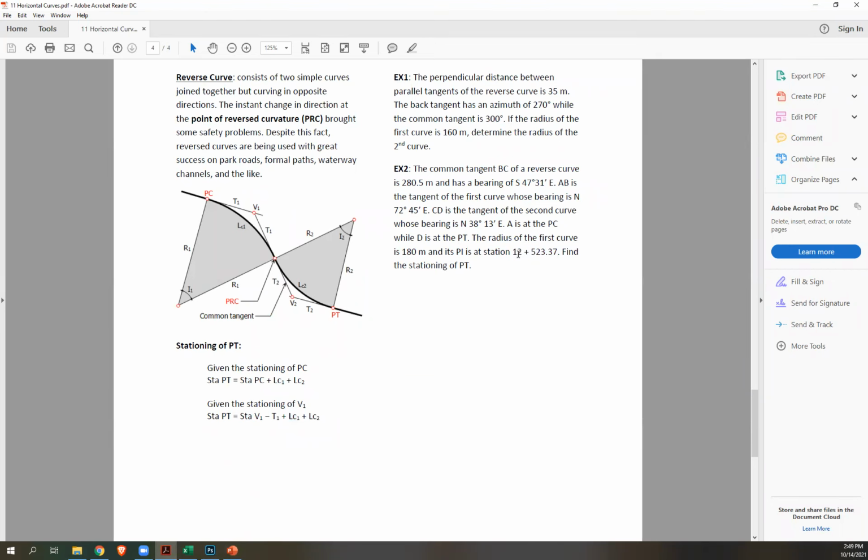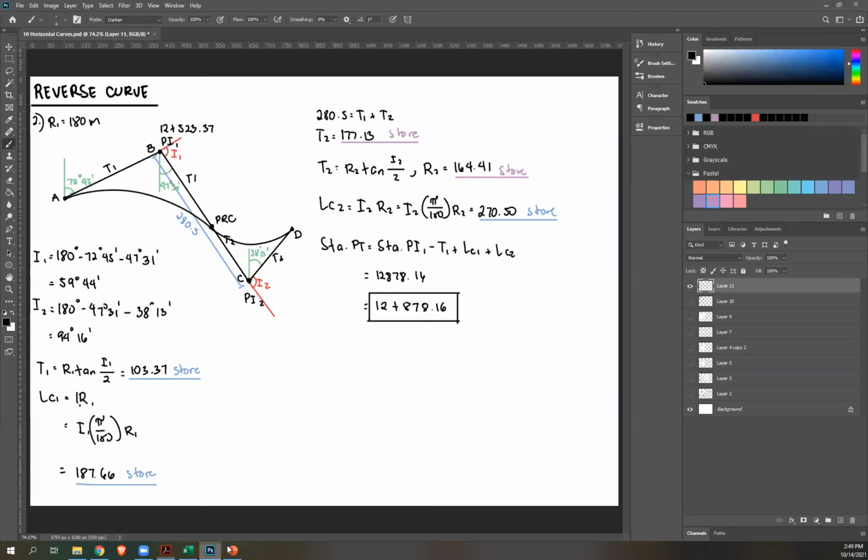So for stationing, it's just this. Because it's understood, this is immediately kilometers, this is in meters. For anything else, for example, if we're looking for T1, yeah, you gotta write meters as the final answer. But for stationing, no need.